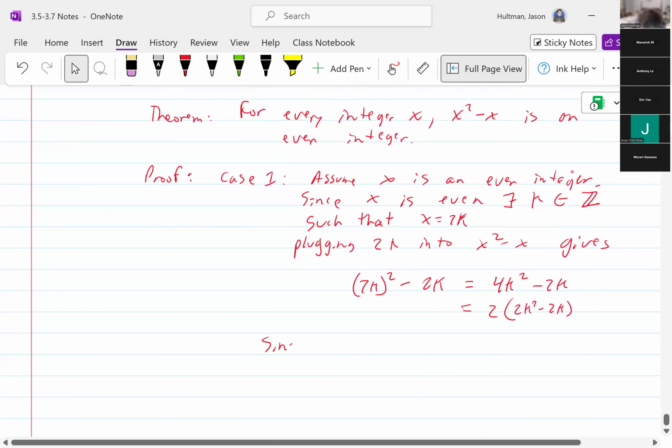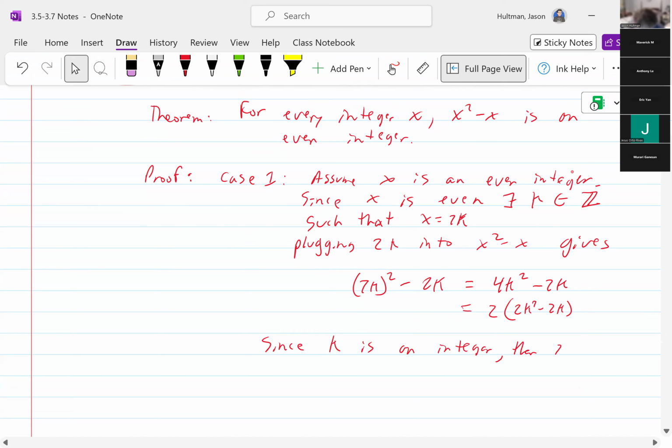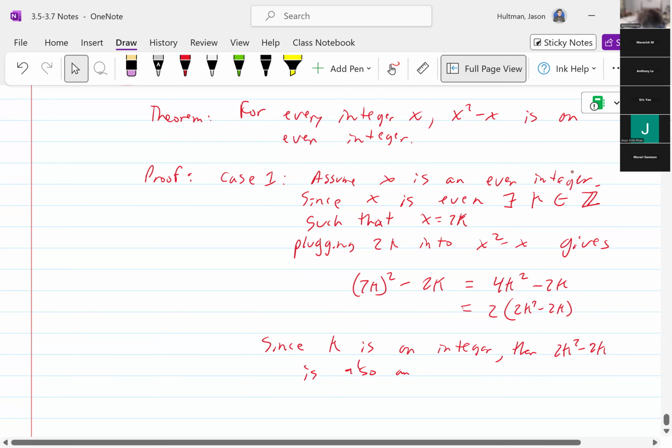Okay, since k is an integer, then 2k squared minus k is also an integer.